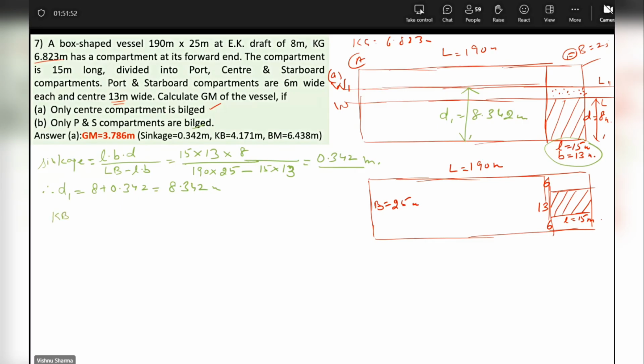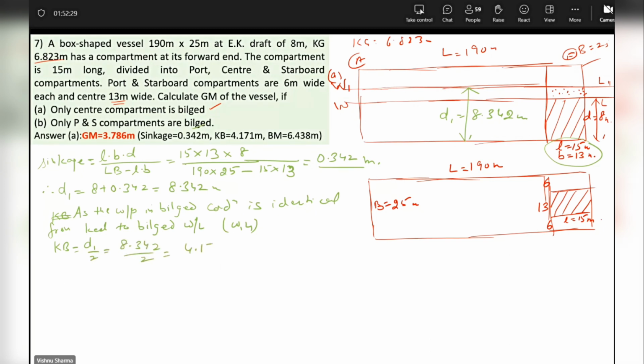So KB, let me write, as the water plane in bilged condition is identical from keel to bilged water line W1 L1, KB will be equal to D1 by 2, that is 8.342 by 2, that is 4.171 meters.